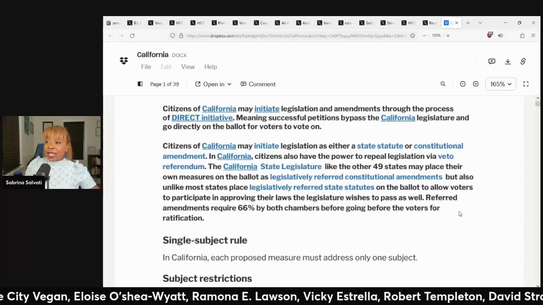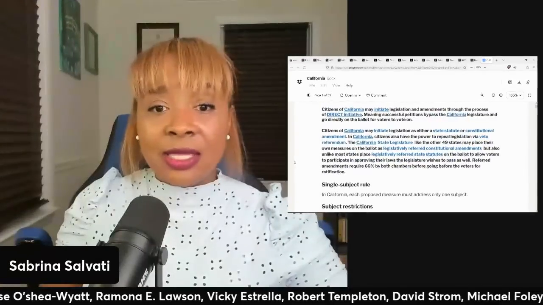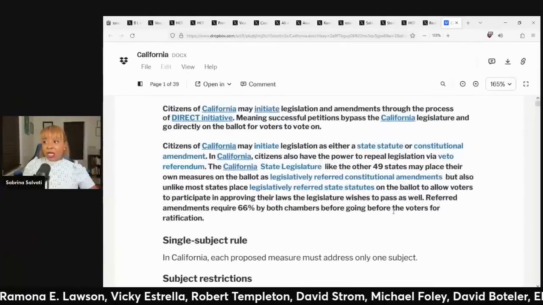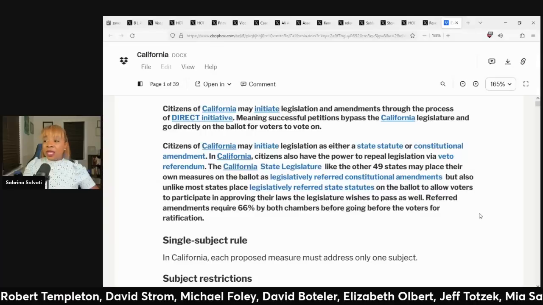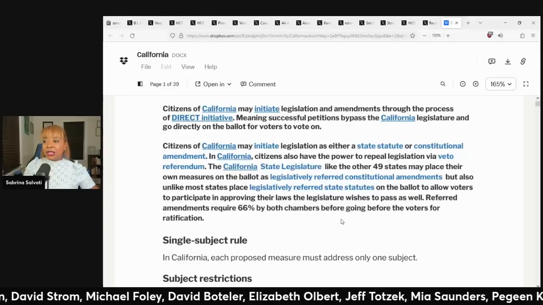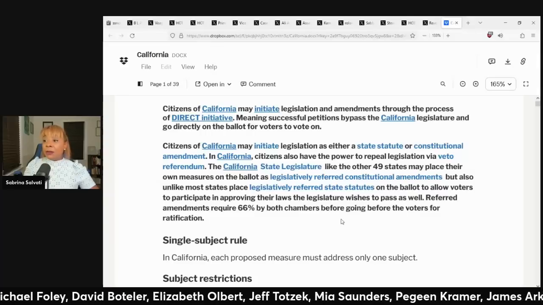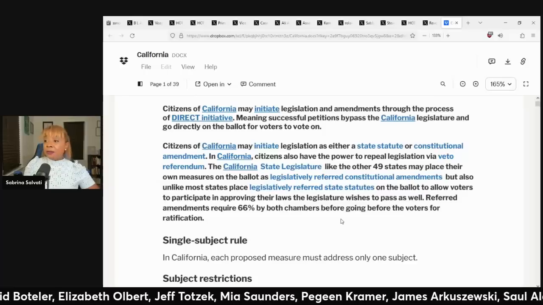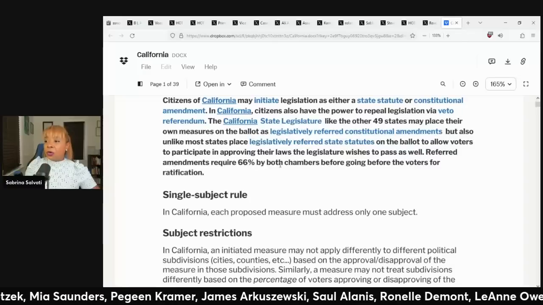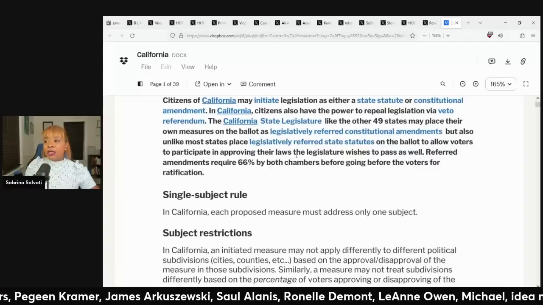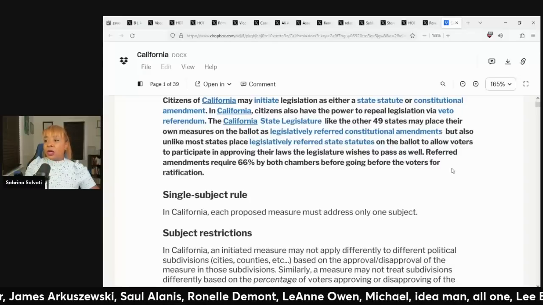And the California state legislature, which is getting a lot of heat since the whole reparations bill, like the other 49 states, may place their own measures on the ballot as legislatively referred constitutional amendments, but also, unlike most states, place legislatively referred state statutes on the ballot to allow voters to participate in approving the laws the legislature wishes to pass as well.